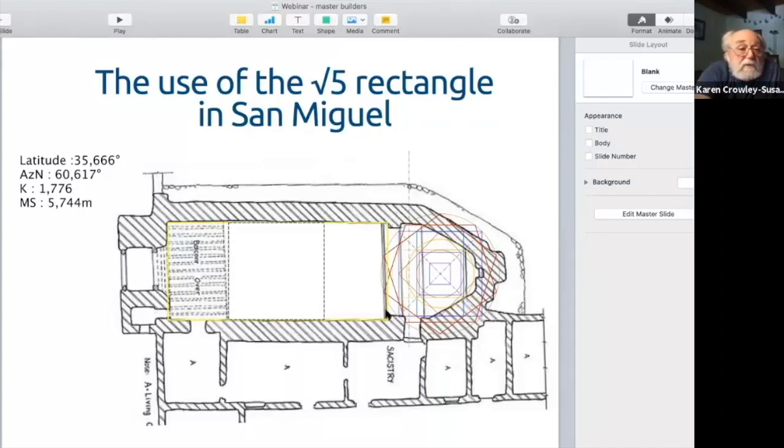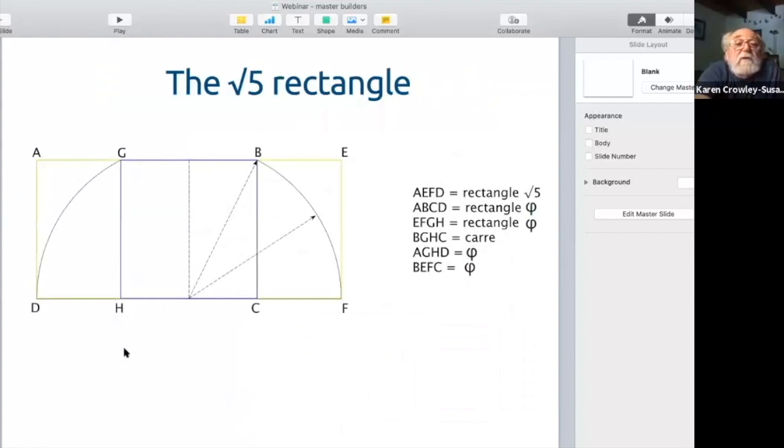This root of 5 rectangle is a very famous rectangle which has a special characteristic. If you see this rectangle, you have here the whole rectangle, and if you trace a square inside, you are going to get here CEFH.